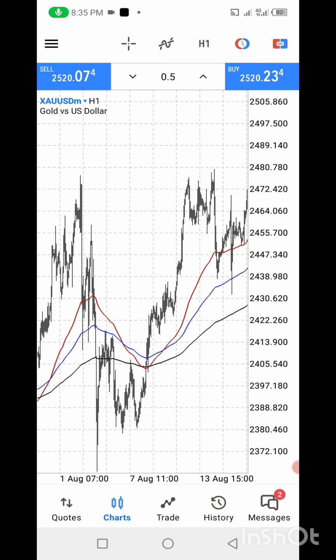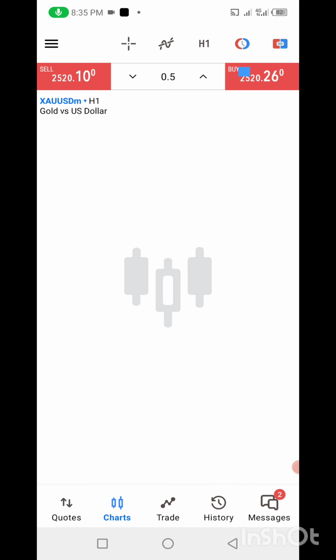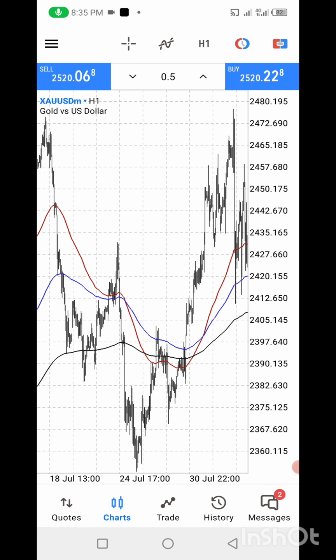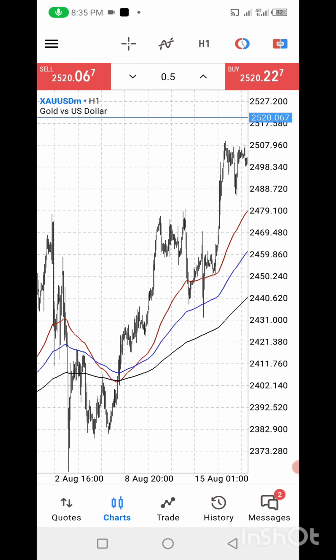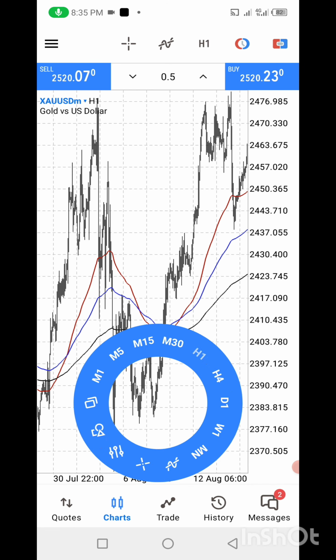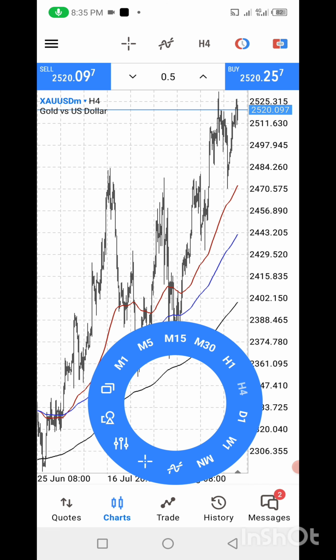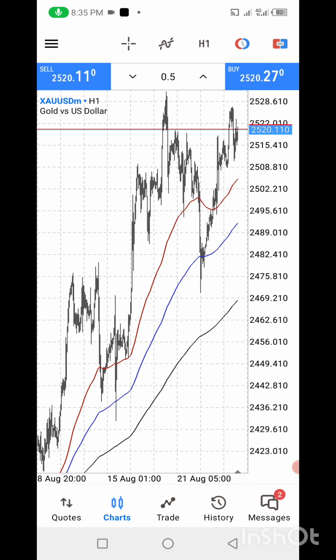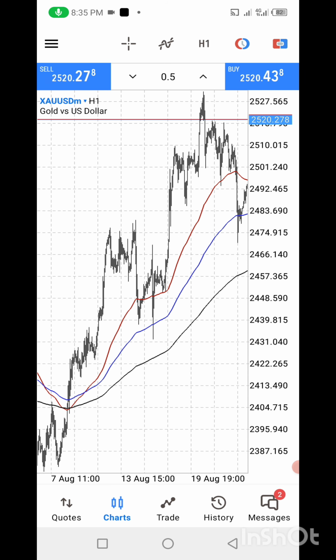First of all, what you need is to identify the trend of the market, whether the market is making higher highs and higher lows. Maybe in another time frame, you have to know what is trending. So the market is upward, right? Now when you know that the market is upward, the reversals are going to be downwards.